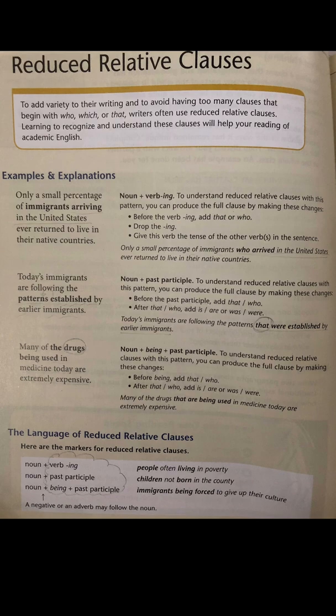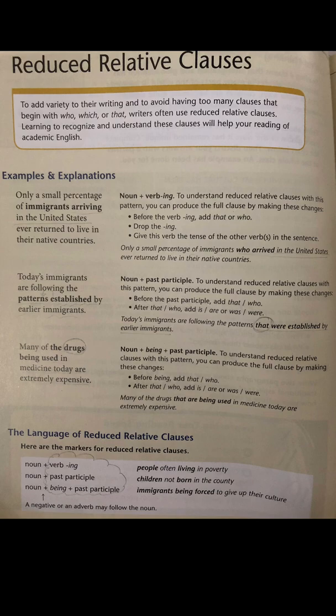Okay, here's one with the past participle. Today's immigrants are following the patterns established by earlier immigrants. Okay, there's another one, noun plus being plus past participle. I don't even think your book mentioned that. So see how there's so many. We can't possibly mention all these reductions in grammar class, but they're reinforced as they read more.